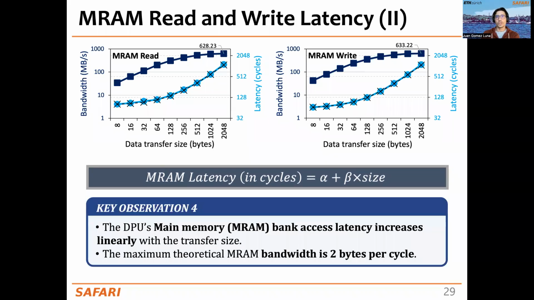So one first observation about these latency measurement results is that the bank access latency increases linearly with the transfer size, as we can see in the plot following this linear expression here, and that the maximum theoretical MRAM bandwidth is 2 bytes per cycle.